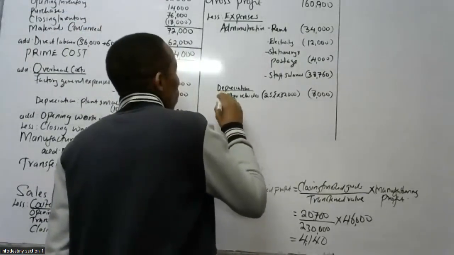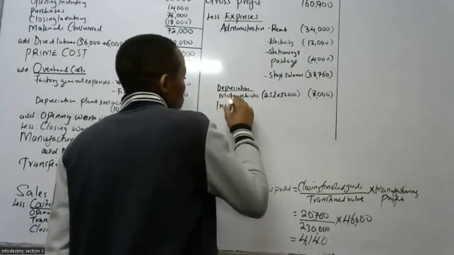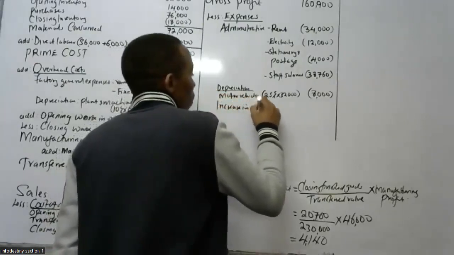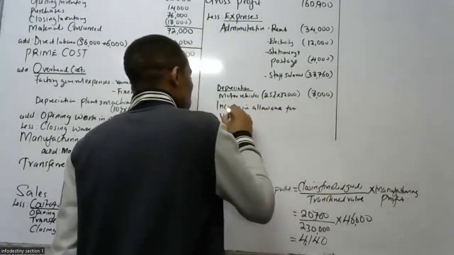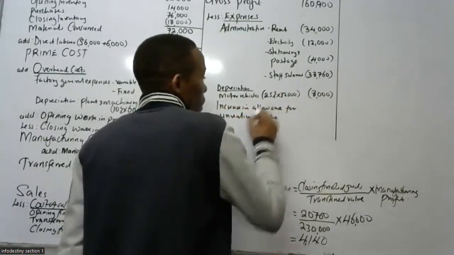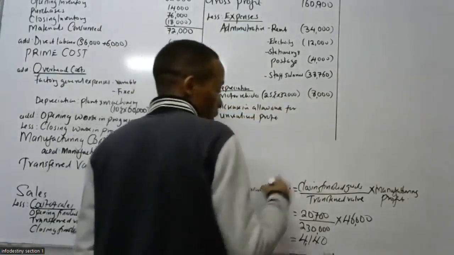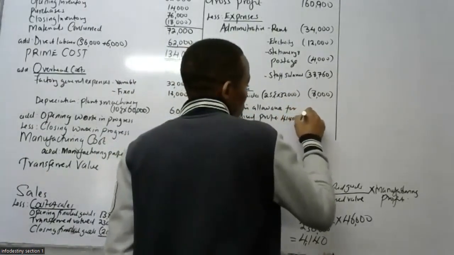Increase in allowance for unrealized profit. Take the 4,140 minus 2,760.